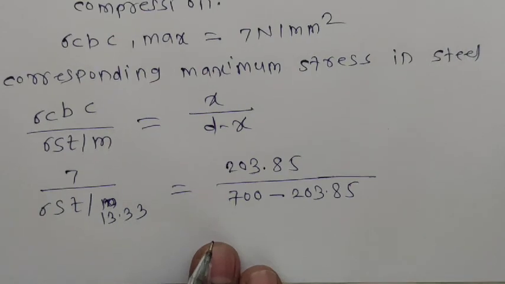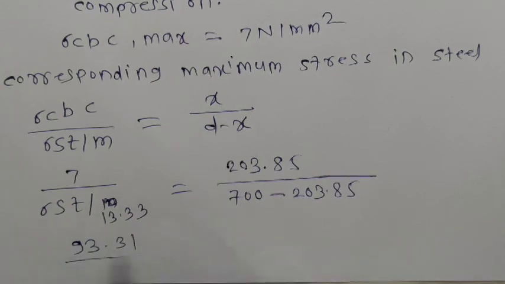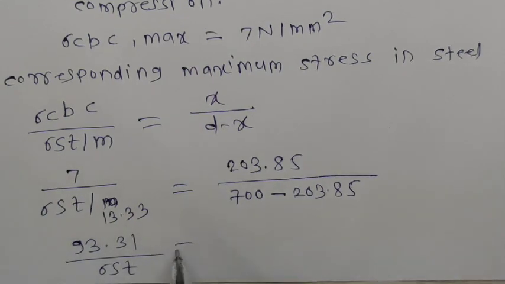Then 93.31 upon sigma ST is equal to 0.41086.